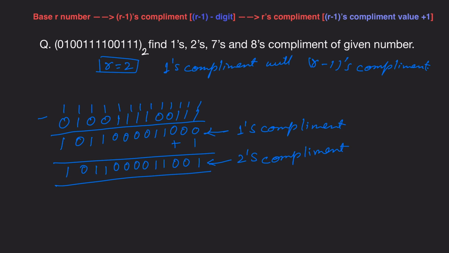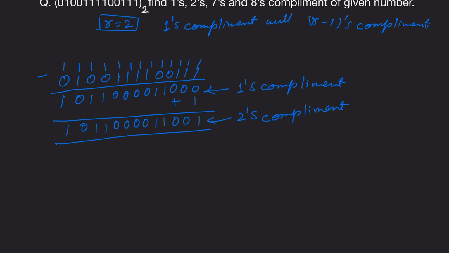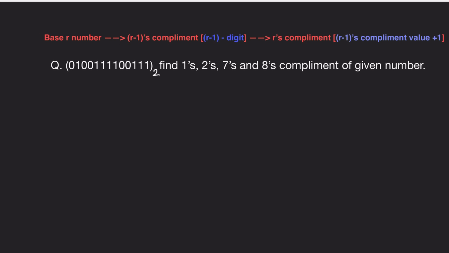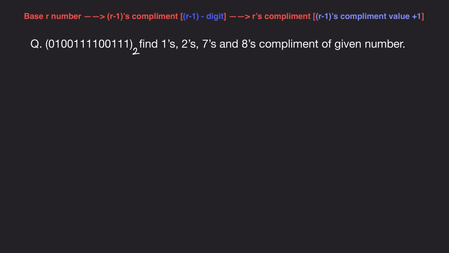I think you are familiar with one's complement and two's complement of a number. But how can we find the seventh complement or eighth complement of this base 2 number? For that, first we have to convert this binary number into a base 8 number.